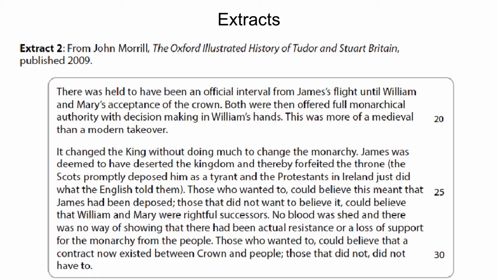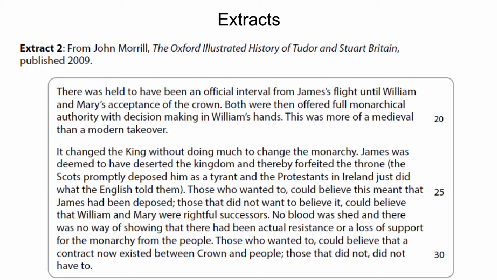Okay, so in the A-level interpretations question, you don't always get one saying one thing and the other one saying the absolute opposite. There could just be a slight difference. And this is an example of that, where it's not necessarily arguing the exact opposite of extract 1, but it is basically saying that the power of the monarchy remained.